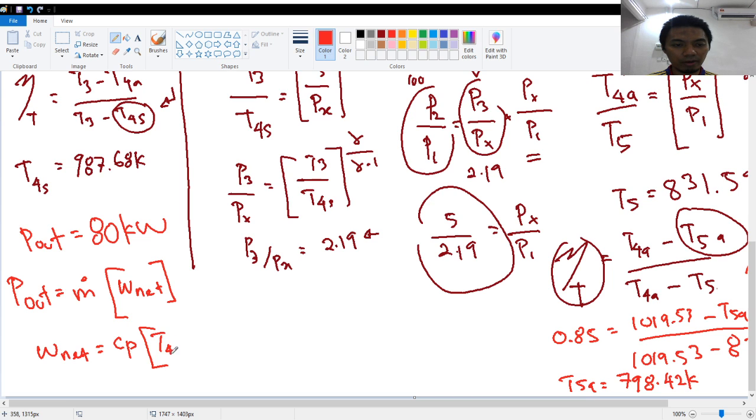So you have a positive work net. If you use T5A minus T4A, you will have a negative work net. It is very wrong. T4A minus T5A.